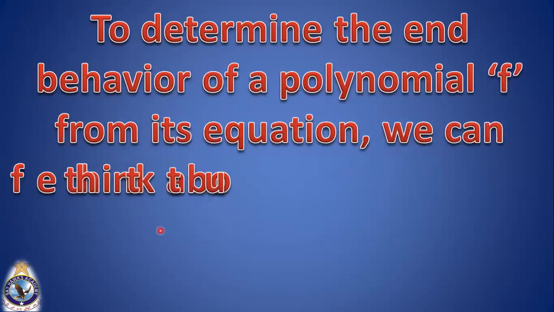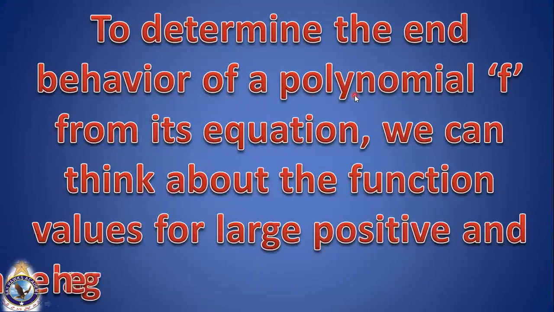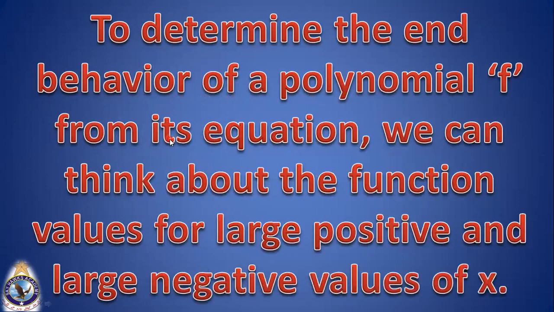So to determine the end behavior of a polynomial f from its equation, we can think about the function values for large positive and large negative values of x. So instead of moving left to right or from right to left, we will have to put in values of x.